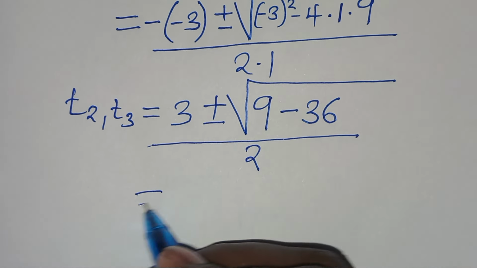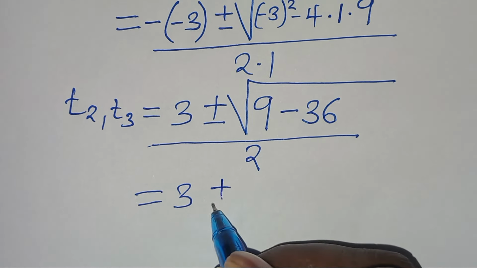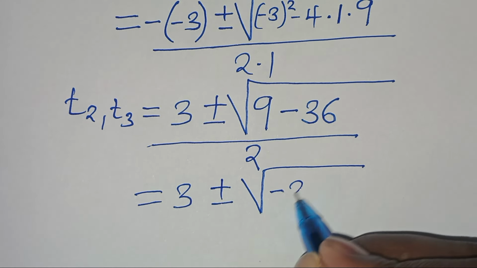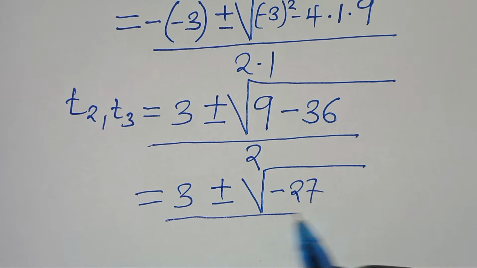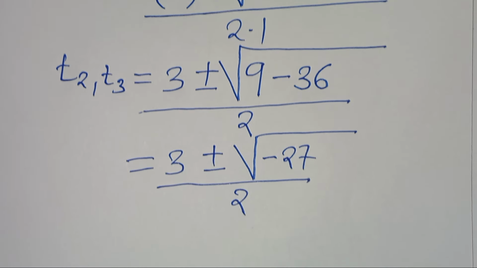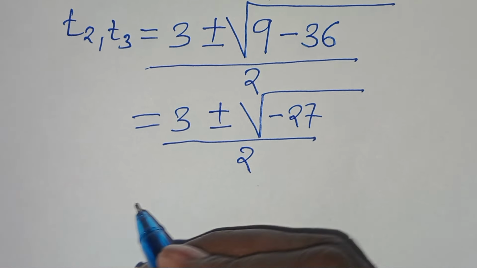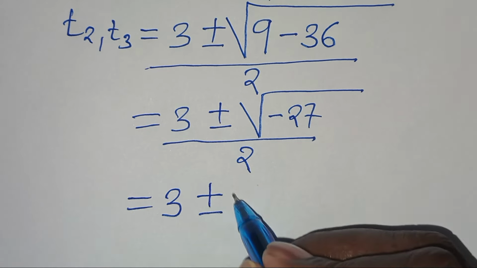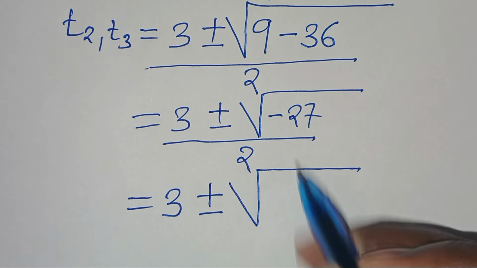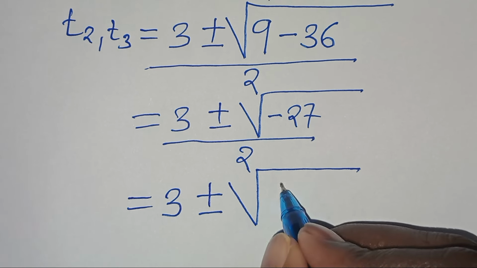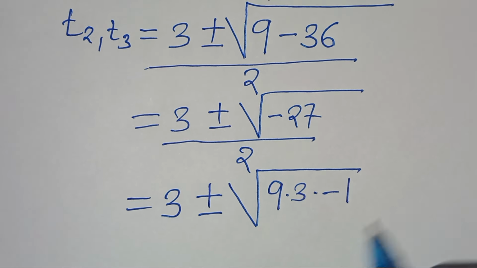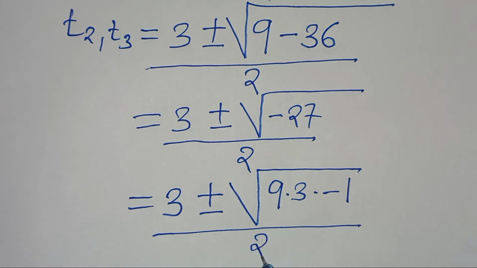So we have here 3 plus or minus the square root of 9 minus 36, this is minus 27, everything here divided by 2. The next step is that we have 3 plus or minus, and we can express the square root of minus 27 as the same thing as 9 multiplied by 3 multiplied by minus 1. Everything here divided by 2.